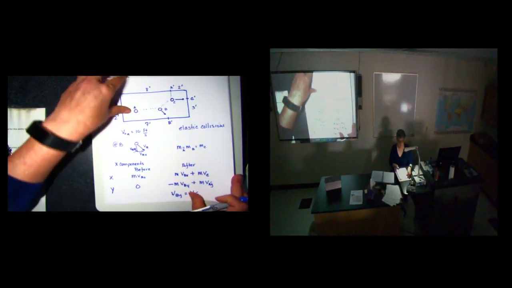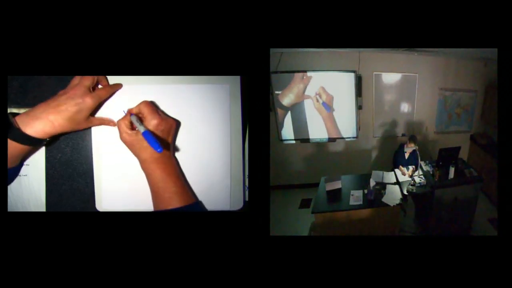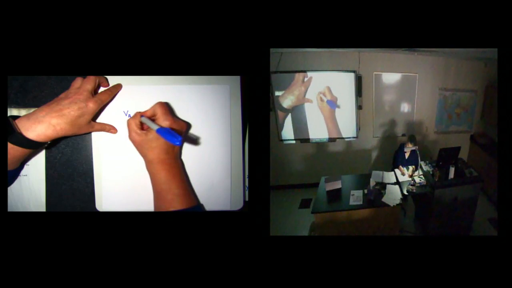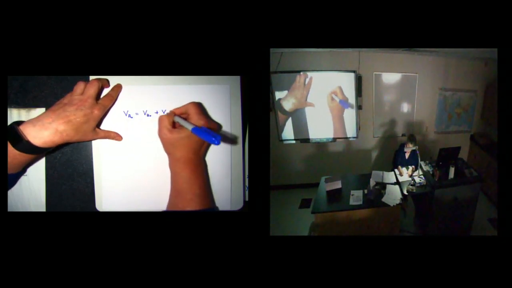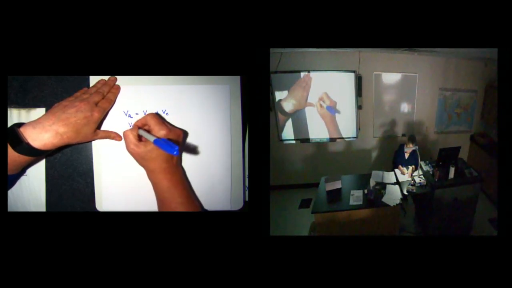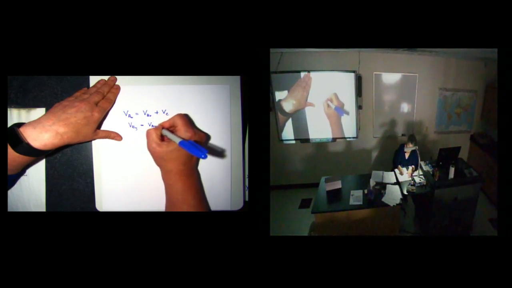I'm one equation short from figuring this out based on the information that I have. I need one more equation, because I have 1, 2, 3, 4 unknowns, and I only have 3 equations. So I need one more. So if I go back and look at this, there's something I can use to help me out.